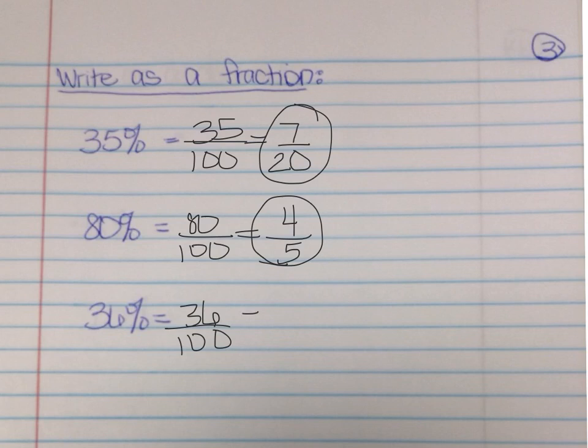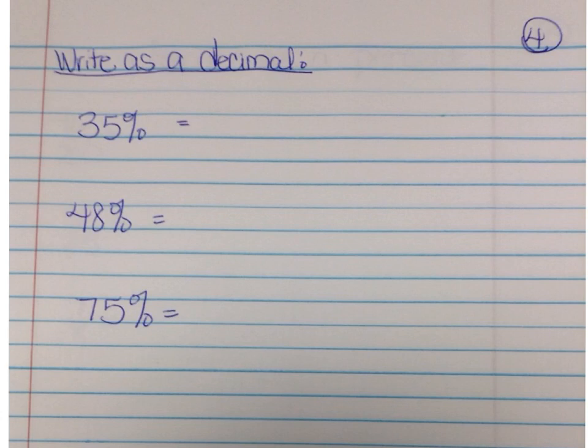And we're going to reduce that down and divide both of these. 4 goes into both of these, and it's going to become 9/25. Okay, and then this would be your answer. So just remember, when you're turning a percent into a fraction, just put it over 100 to start with. Then you can worry about reducing it down. All right, we're going to move on to our next square.